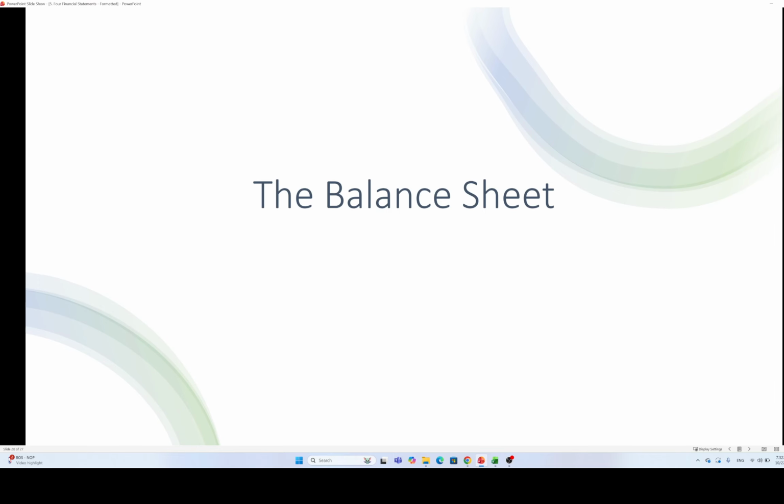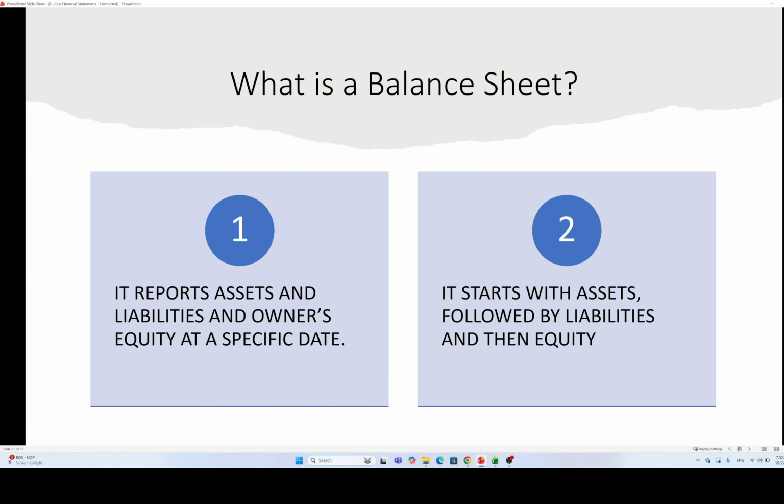Alright, let's begin. What's a balance sheet? A balance sheet is a financial report, one of the four key financial reports, and it talks about all the assets, liabilities, and owner's equity at a specific date.